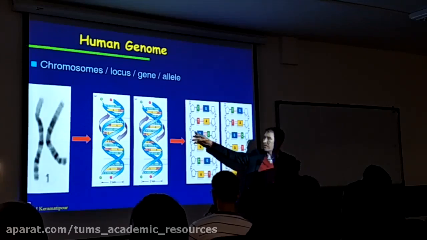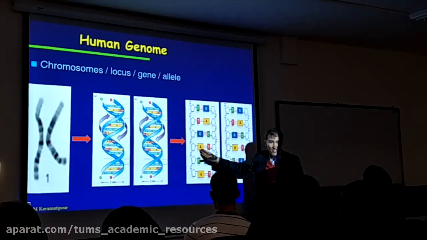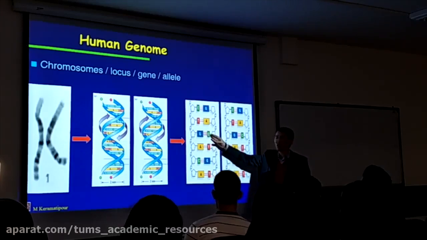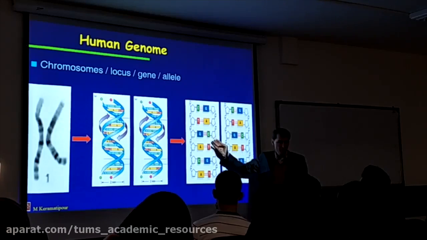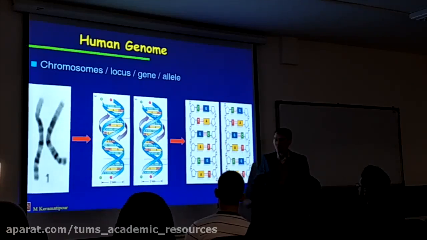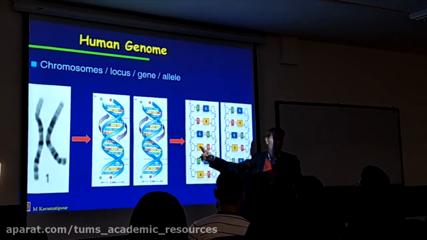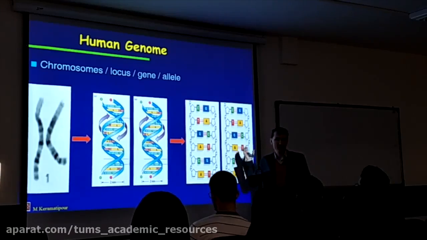For example, we say that in this position we have G. What we mean is the G is in the sense strand, and on the other strand, obviously, is C. Someone might say that in this position we have C on the other strand. Again, it's correct, because these are complementary. But whenever we want to say which nucleotide is present, we always use one of these strands. Indirectly, we are presenting the other nucleotide as well. For example, we say that at this position there is an A. It means that obviously the complementary T would be present also.